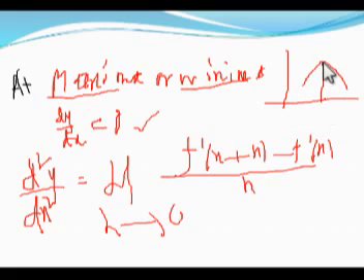So here the first derivative at x is equal to 0, but in the neighborhood, f of x plus h, we will get some value, but less than f of x, because f of x is the maximum.